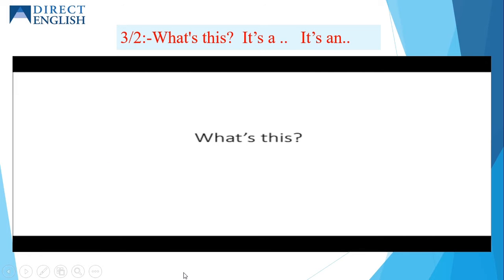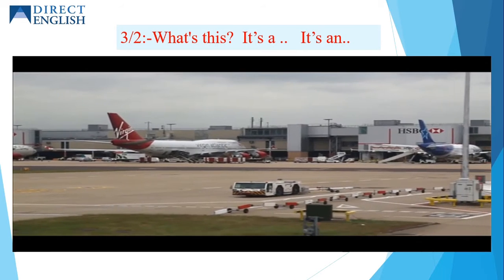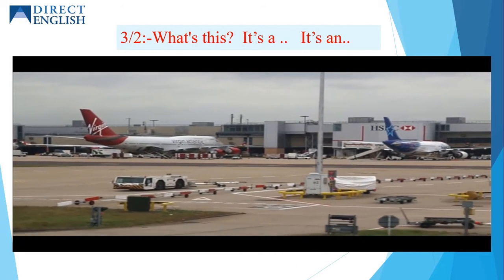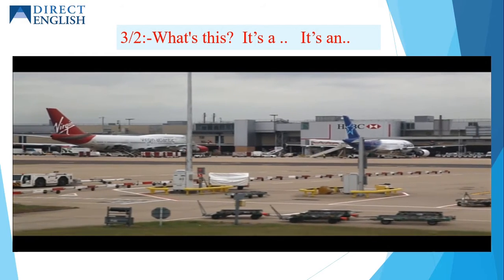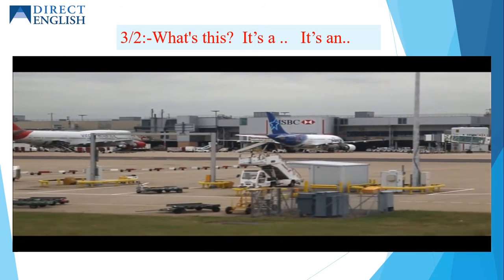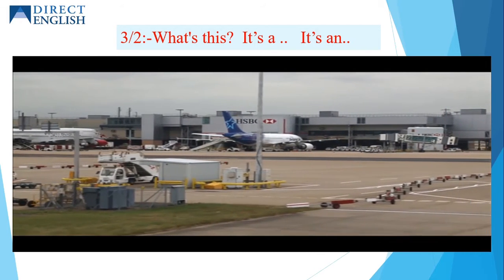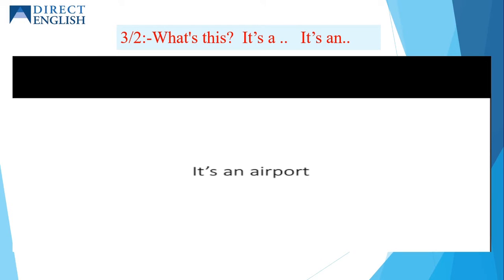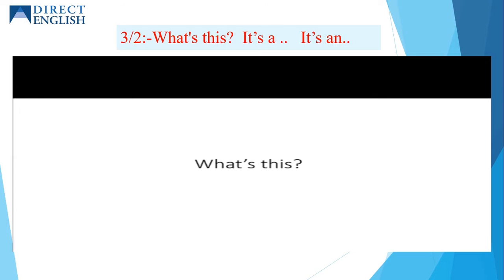Exercise 3. What's this? It's a. It's an. What's this? It's an airport. What's this?